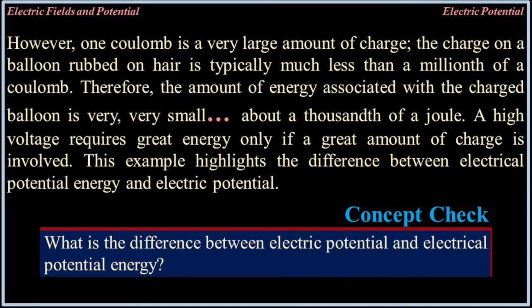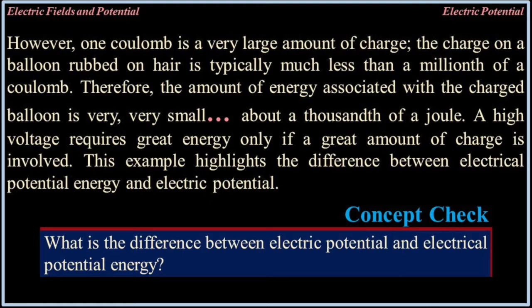However, 1 coulomb is a very large amount of charge. The charge on a balloon rubbed on hair is typically much less than a millionth of a coulomb. Therefore, the amount of energy associated with the charged balloon is very, very small, about 1,000th of a joule.